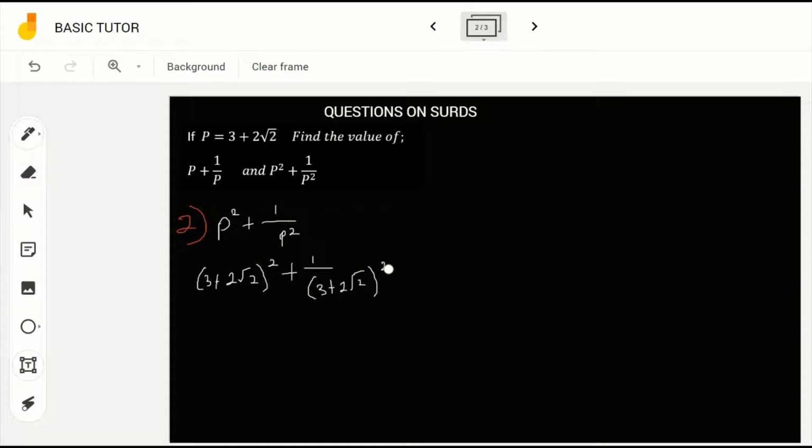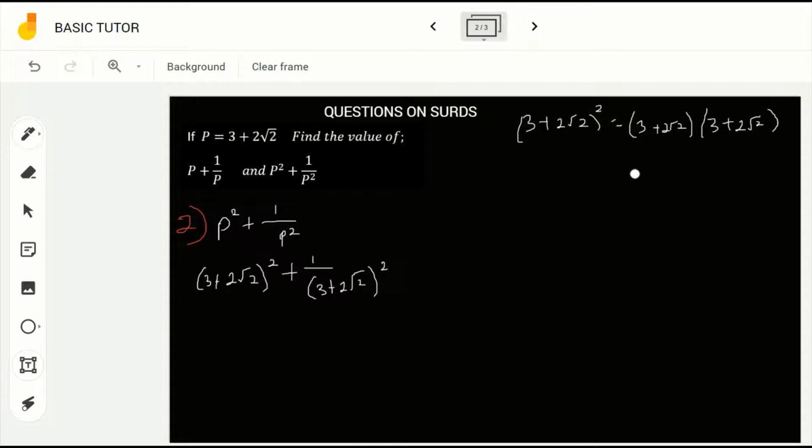The first thing we do here is find the value of 3 plus 2 root 2 all squared. That means 3 plus 2 root 2 times 3 plus 2 root 2.